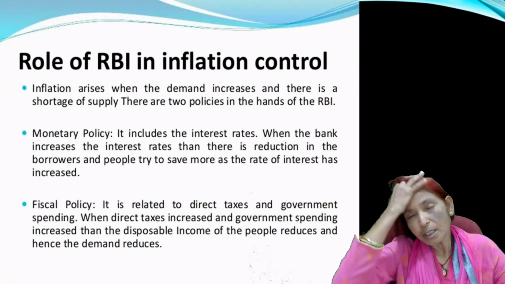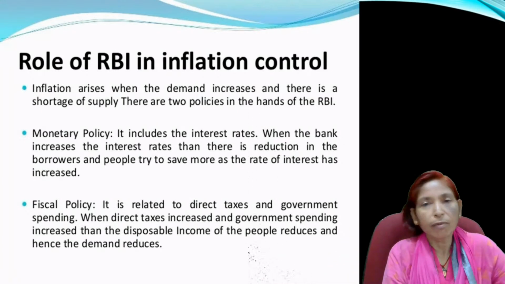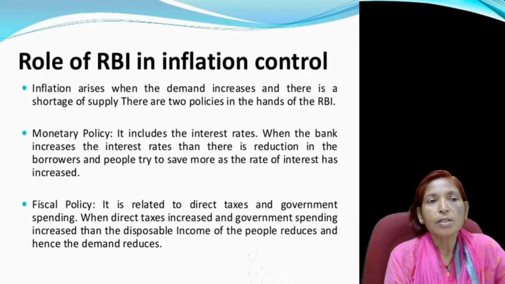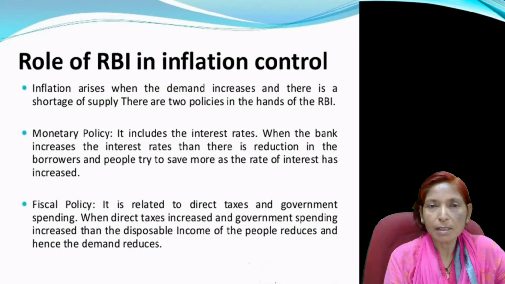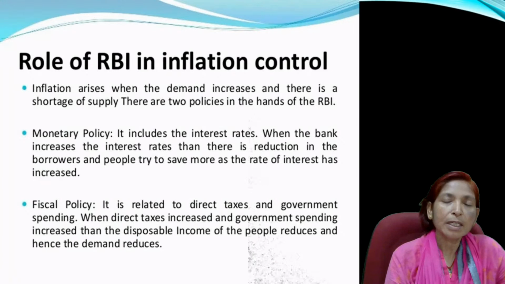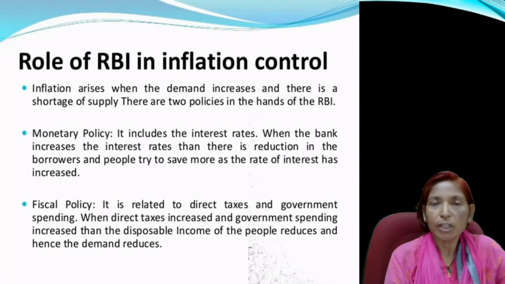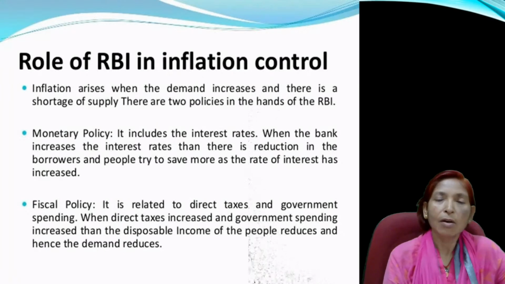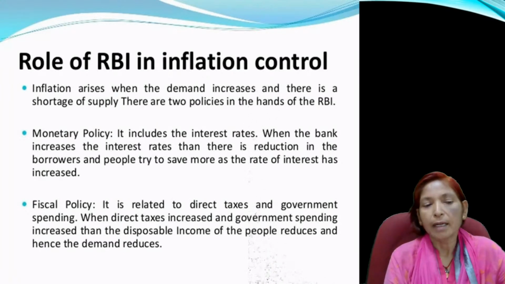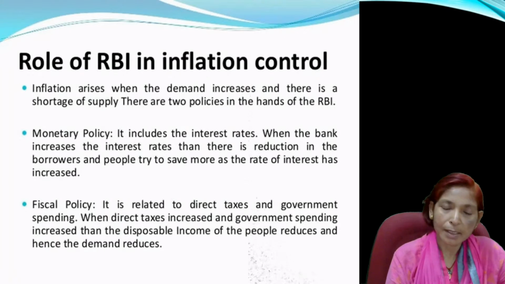And hyperinflation is very bad situation for all the economies. So whenever inflation occurs in the economy, the government can control this inflation situation with the help of these two policies. One is monetary policy and other is fiscal policy.